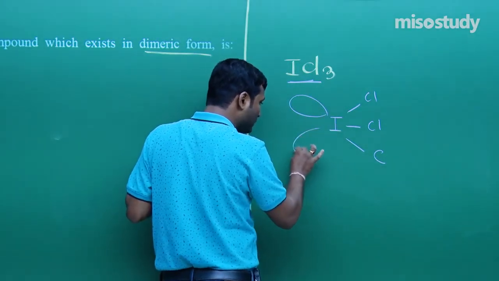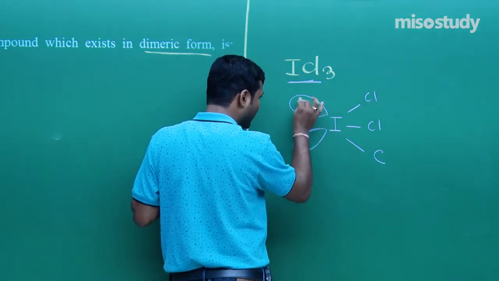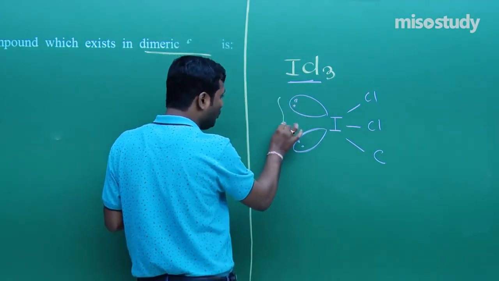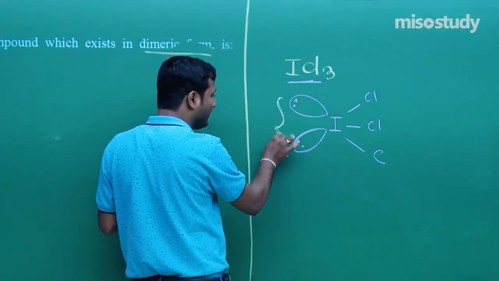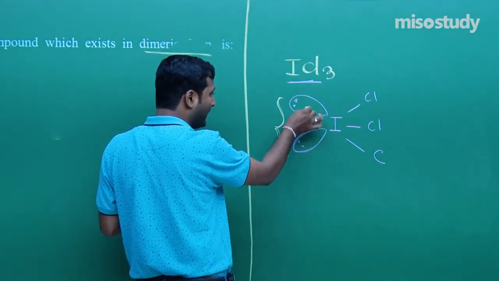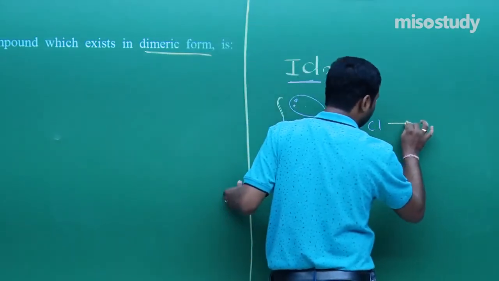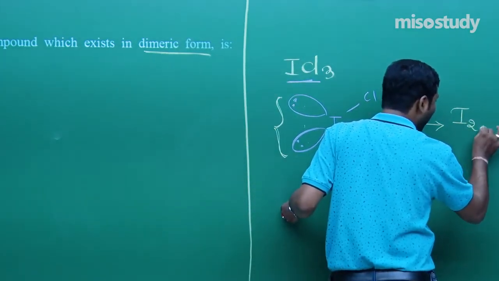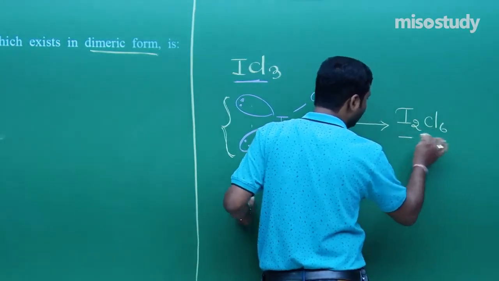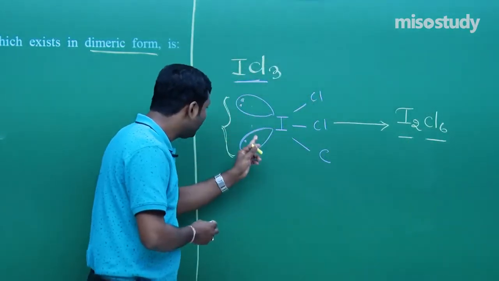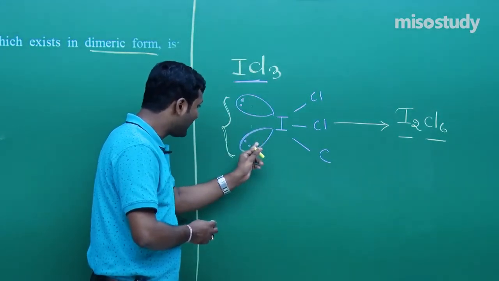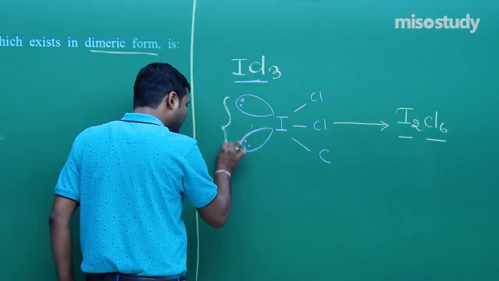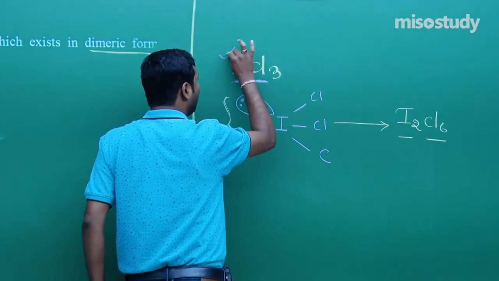Due to the presence of this lone pair also here, to minimize the interhalogen repulsion between these lone pairs, they dimerize and exist as I2Cl6. What I am telling is, to minimize the electronic repulsion between these lone pairs, they exist in a dimeric form.